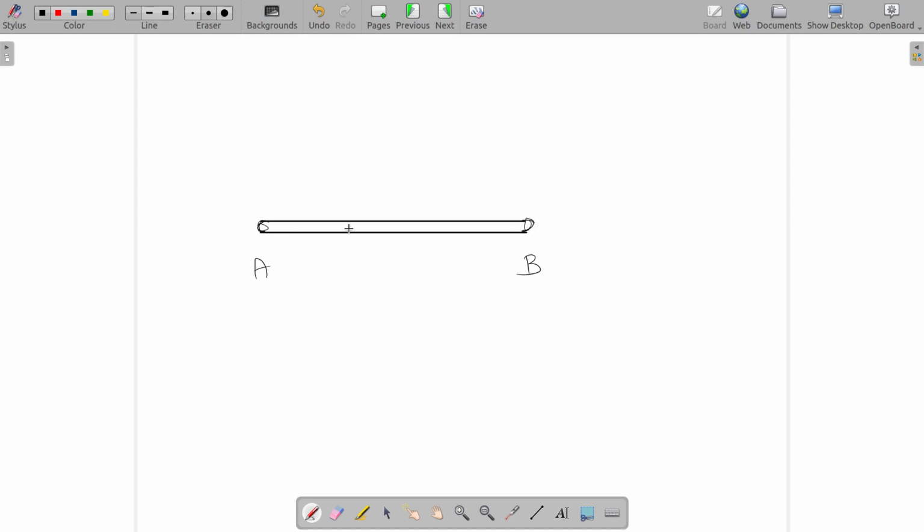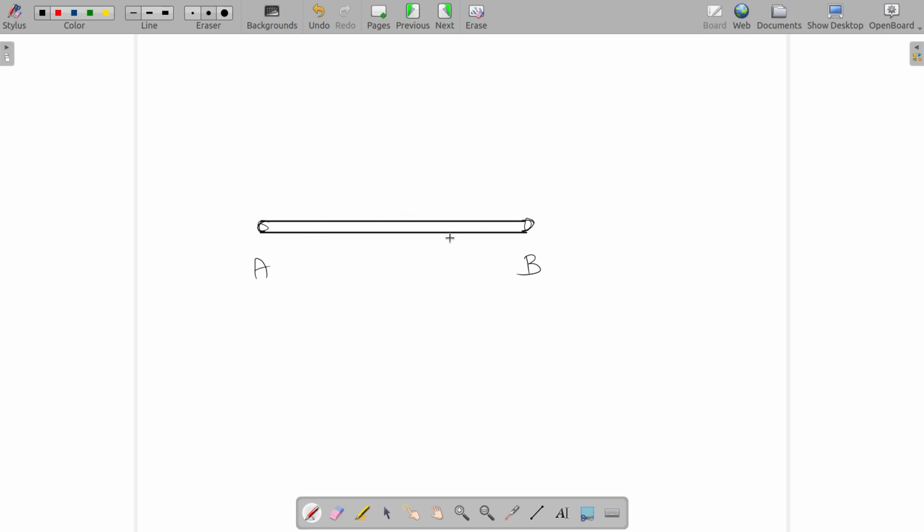If this member is connected to a truss, these two joints should be pin joints. If they are pin joints, this member will not be able to sustain any torque. If both ends are freely able to rotate, then it cannot take any torque. There cannot be a moment on this bar.